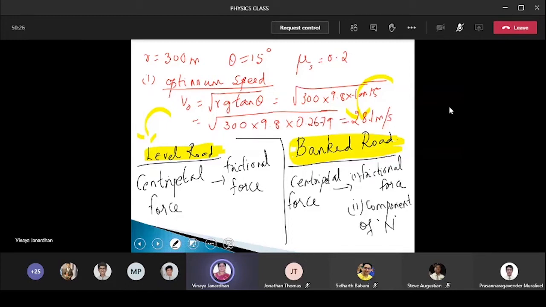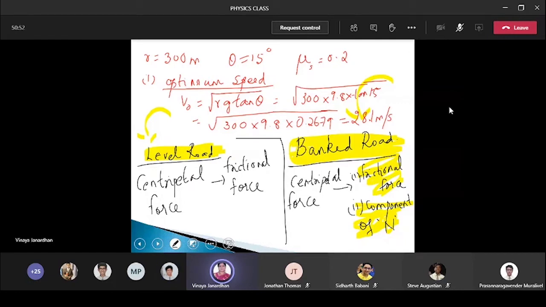But when you're moving along a banked road and you take a circular turn, now what provides the centripetal force? It is not only the frictional force, it is the frictional force plus the component of the normal reaction N. These both together constitute the centripetal force.